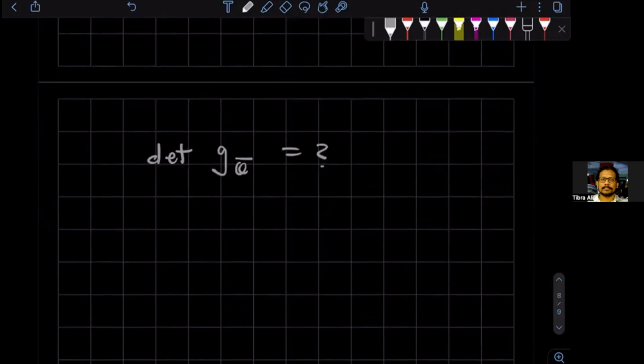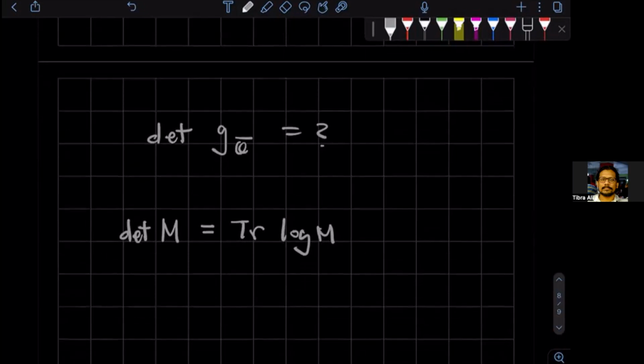To evaluate this, we use a formula which you should have learned in your linear algebra course, which is if I have a matrix and I take its determinant, then that's going to be equal to first taking the log of that matrix and then taking its trace. Okay? Do you guys know this?